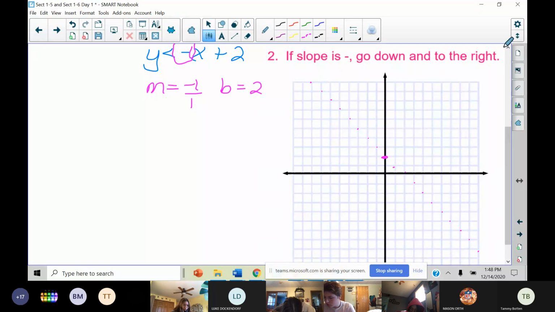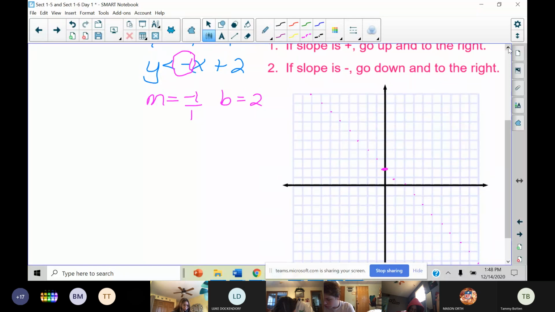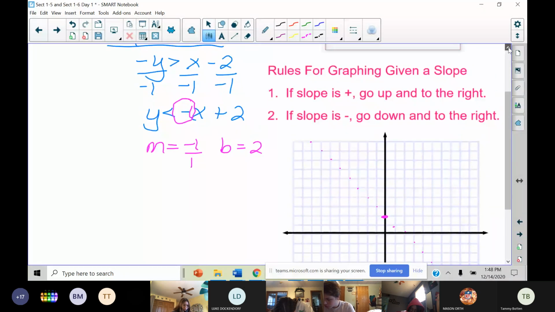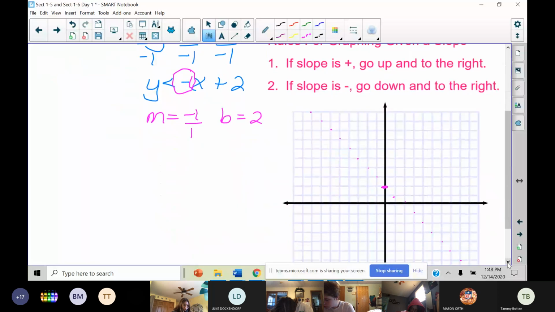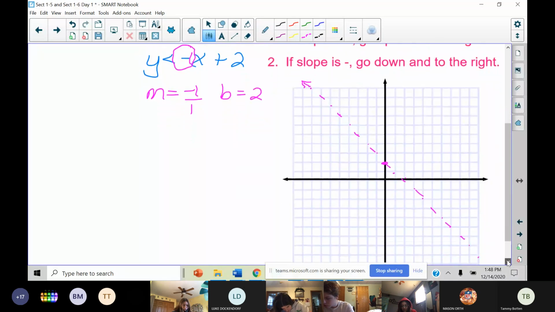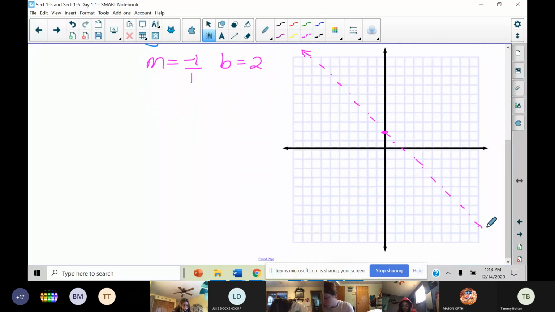We have to think about, should this be dashed or should this be a solid line? Because it's just greater than, that means it should be dashed. So you just somehow want to show that this is dashed and make sure it's not solid. And try to use a straight edge.